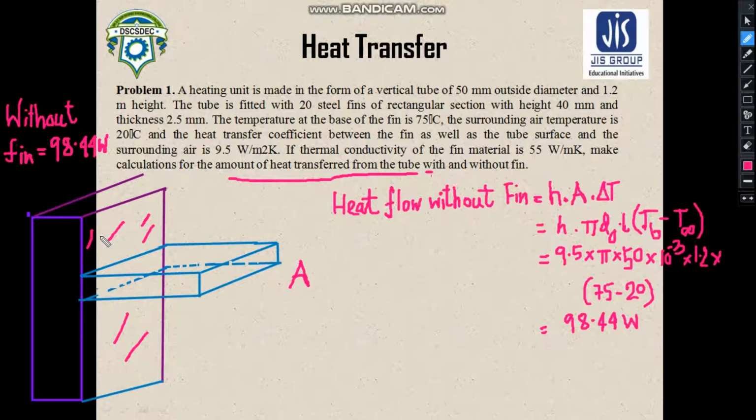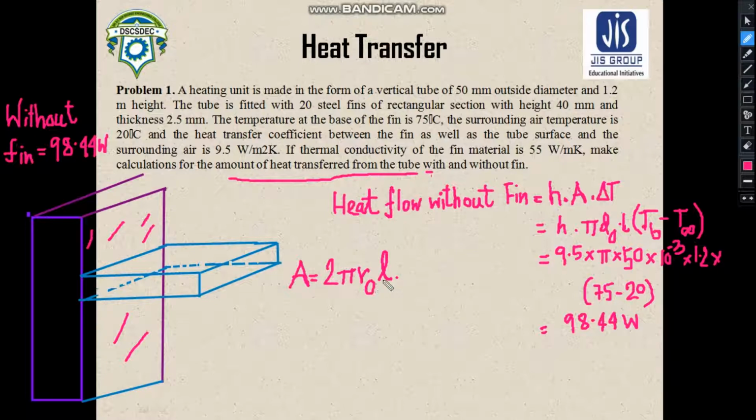And the question is about this area. Since this is a cylindrical area, and we know the heat transfer is taking place through the lateral surfaces only, and this is convection, mind it. So when we are considering the lateral surface of a cylinder, then the area would become 2 pi r0 h. Here r0 signifies the outside radius. Now you know that 2 r0 means d0, the diameter. So you can simply write pi d0 L, or h. h refers to the height, or sometimes it can also refer to the length.